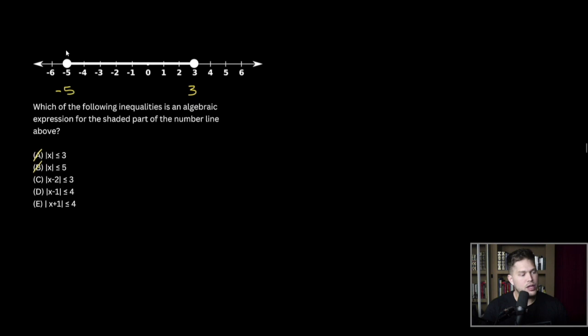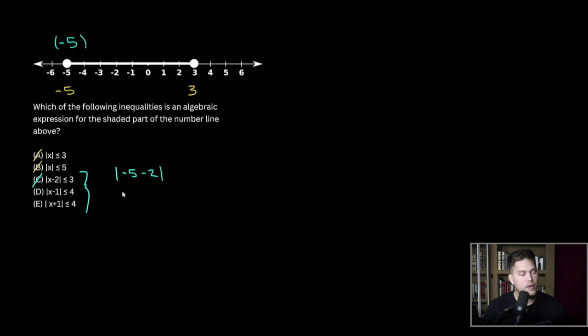Next, let me just plug in one of our extremes. Let me plug in -5 for X for answer choices C, D, and E. If I plug in -5, I would have -5 minus 2. The absolute value of this is 7, and 7 is not less than 3, so C is not valid.